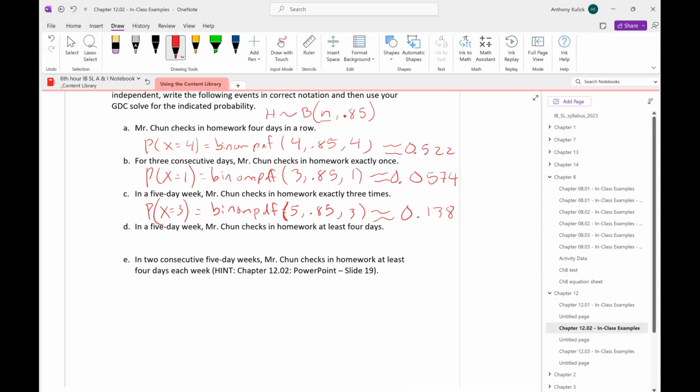Is it X equals 4? No. Oh, it's not. At least. So it would be greater than or equal to 4. And then it's a CDF. Because it says at least.